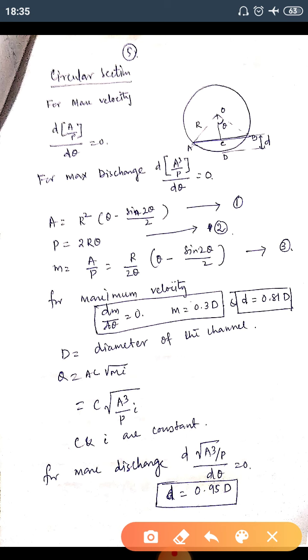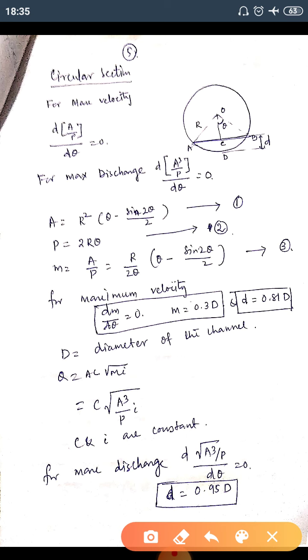The same condition applies for all sections. Here for circular, dp by d theta is equal to 0, dm by d theta is equal to 0, m is equal to a by p.